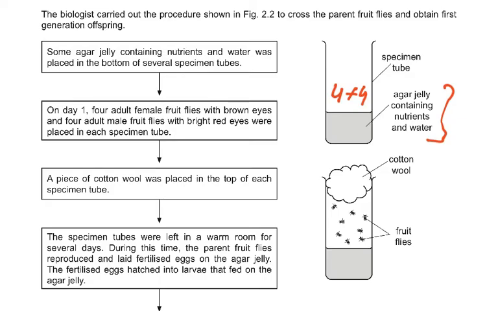A piece of cotton wool was placed at the top of each specimen tube, so that air can enter but they can't fly out. The specimen tubes are left in a warm room for several days. During this time, the parent fruit flies reproduced and laid fertilized eggs on the agar jelly. The fertilized eggs hatched into larvae that fed on the agar jelly.